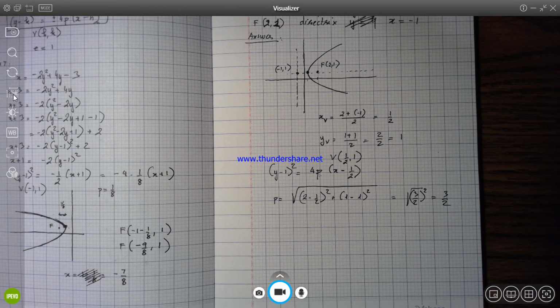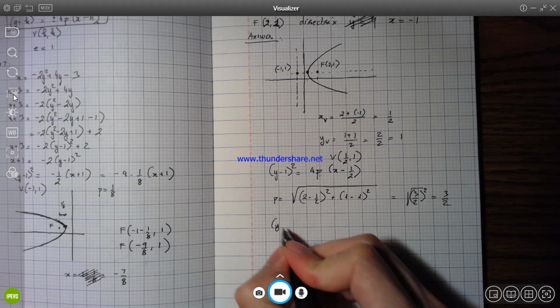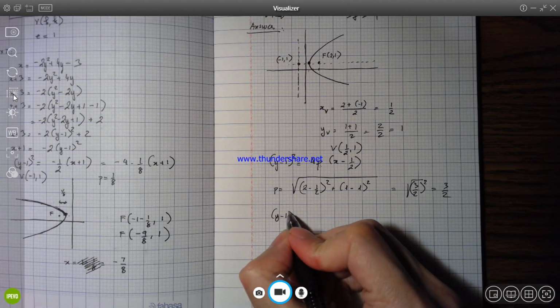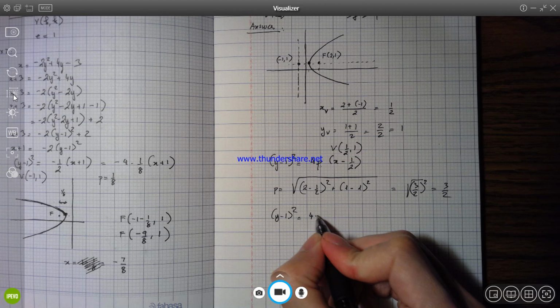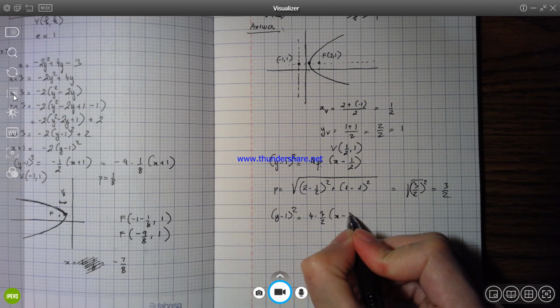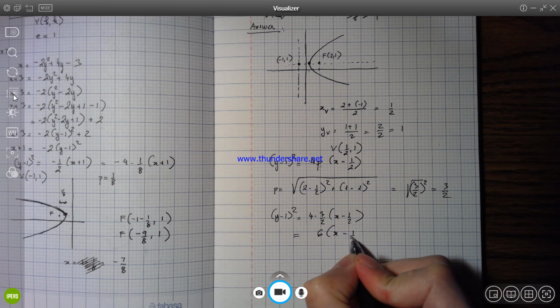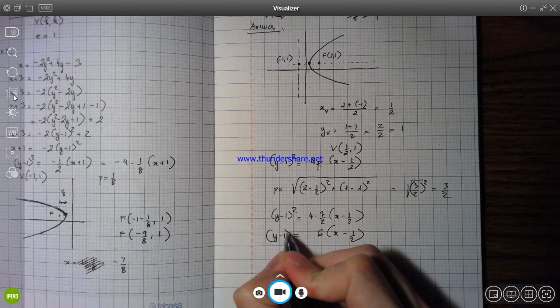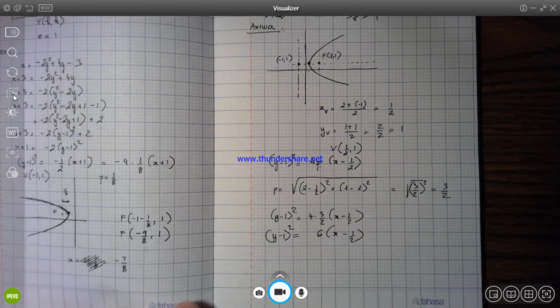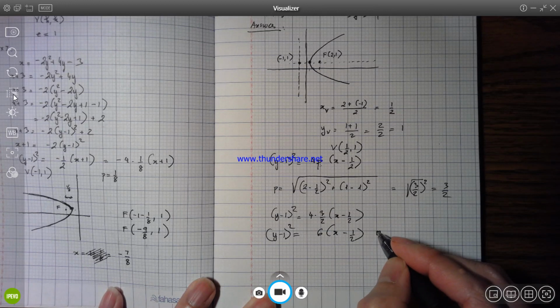Then p is 3/2. My equation becomes (y minus 1) squared equals 4 times 3/2 times (x minus 1/2), which gives (y minus 1) squared equals 6(x minus 1/2). Then you have the final answer. Very easy.